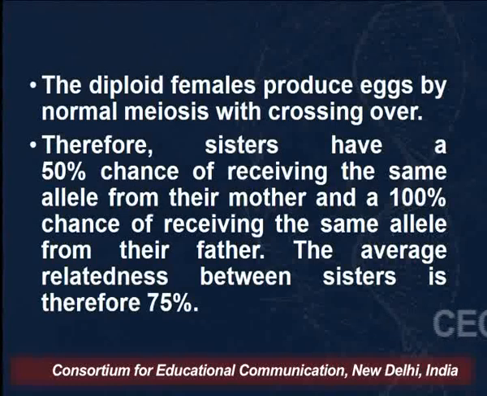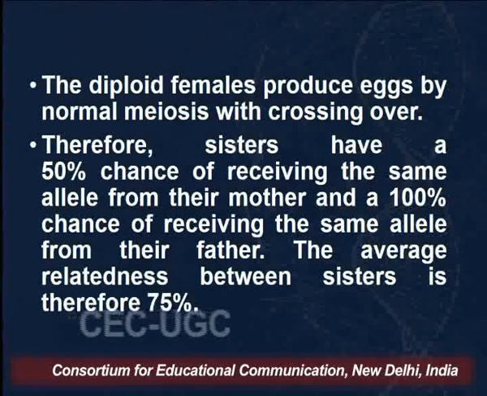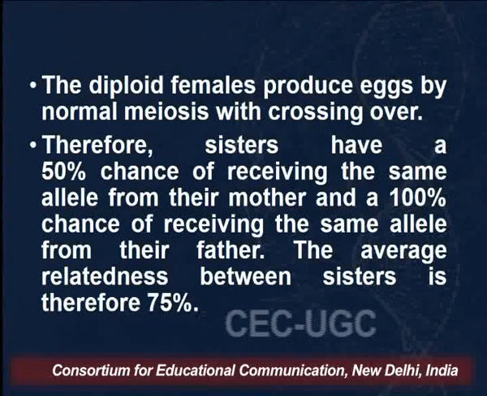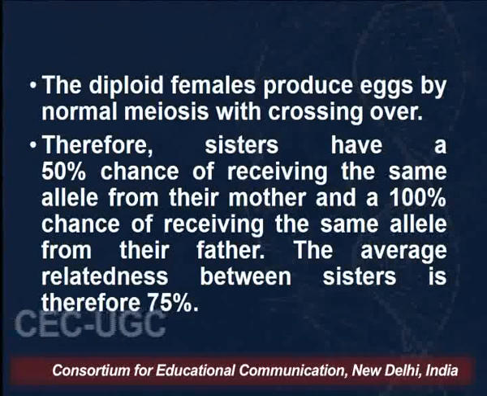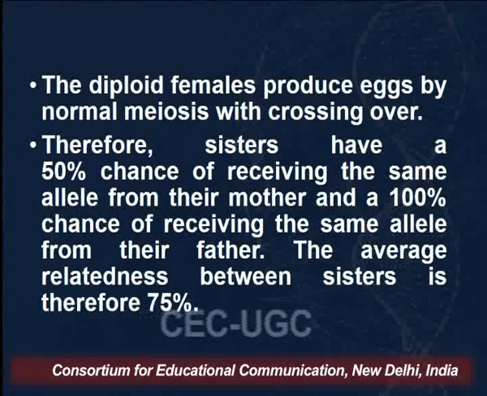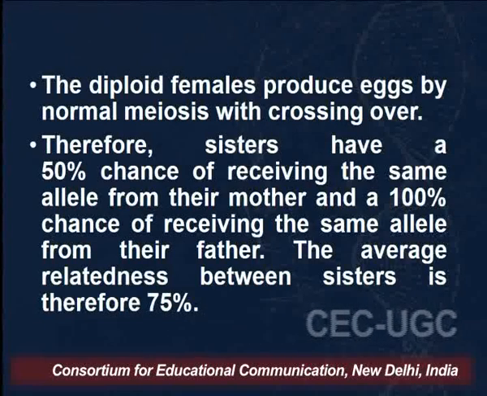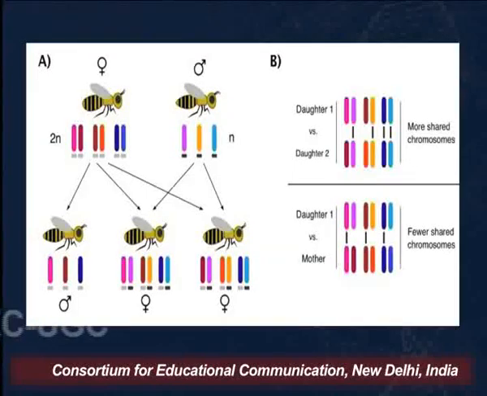So if we look at the sisters, there is a 50% chance of receiving the same allele from their mother, and obviously a 100% chance of receiving the same allele from their father, because it is a case of a mitogamete, that is, the sperm is formed there. So the average relatedness between the sisters is 75%.